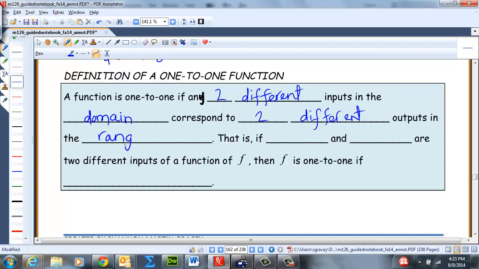(Sorry, there's a typo there.) That is, if x1 and x2 are two different inputs of the function f, then f is one-to-one if f at x1 is not equal to f at x2.